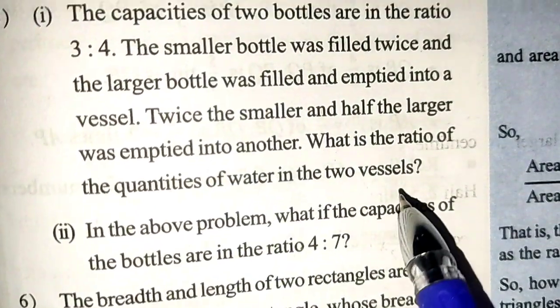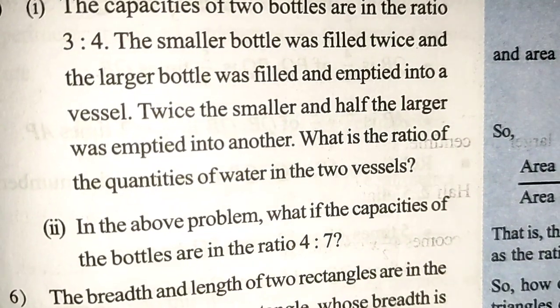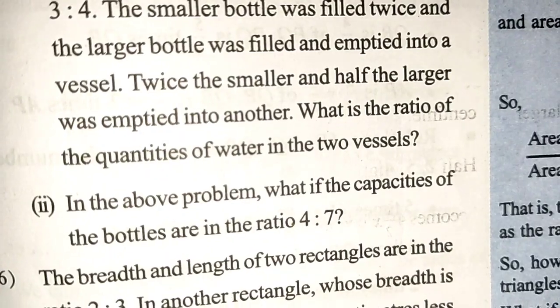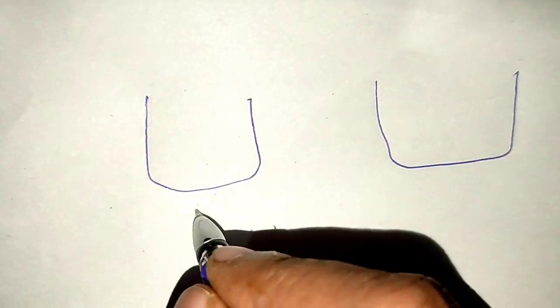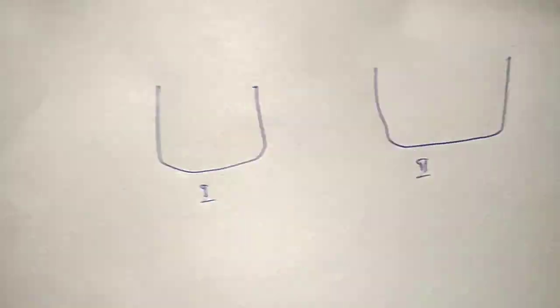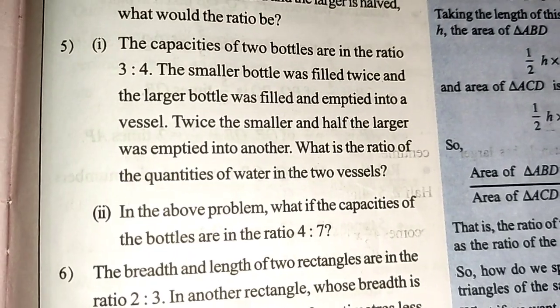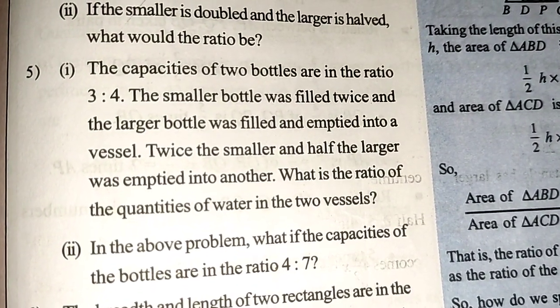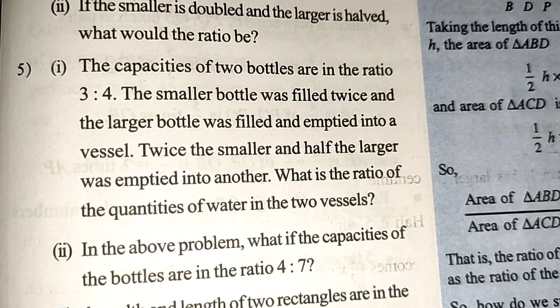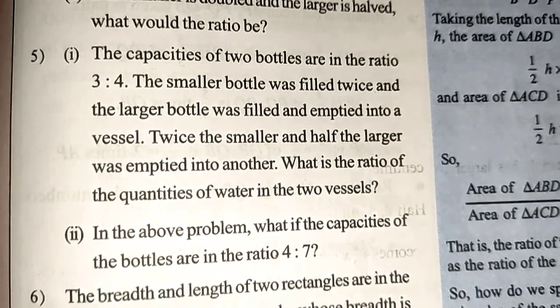So here we have two vessels, the first one and the second one. In the first vessel, the smaller bottle was filled twice and a larger bottle was filled and emptied into a vessel.